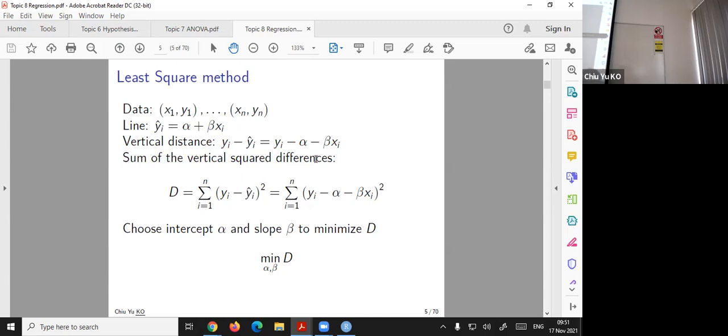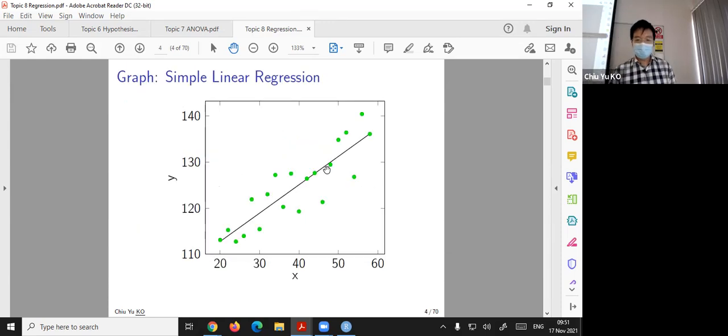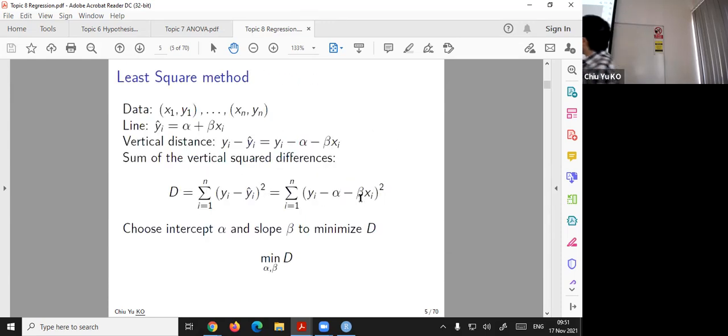The least square method: you have different data points there, the green data points here, and I want to fit the line.